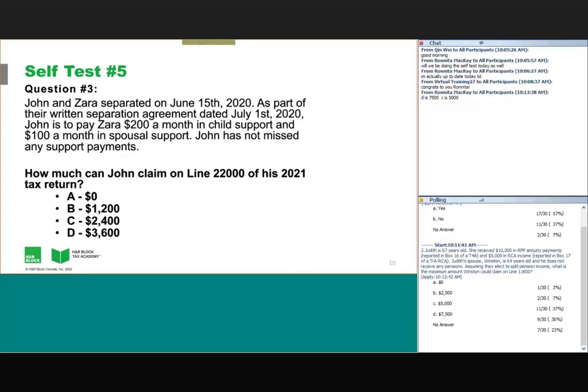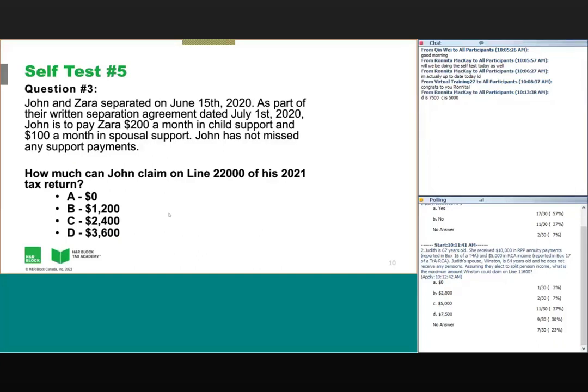Okay, question number 3. John and Zara separated on June 15th, 2020. As part of their written separation agreement dated July 1st, 2020, John is to pay Zara $200 a month in child support and $100 a month in spousal support. John has not missed any support payments.